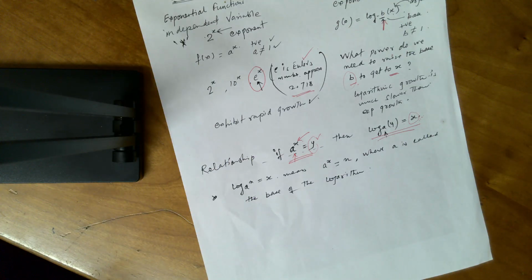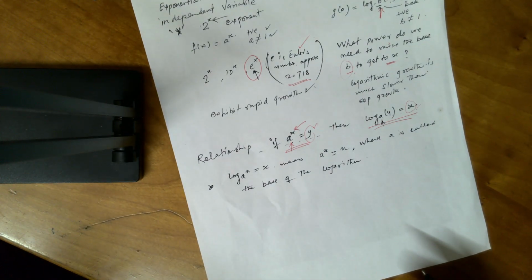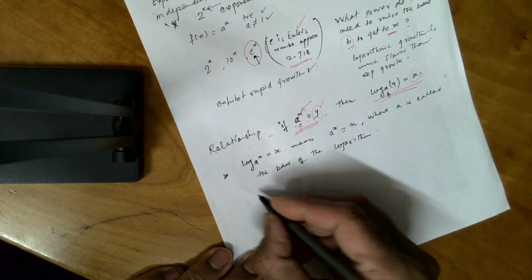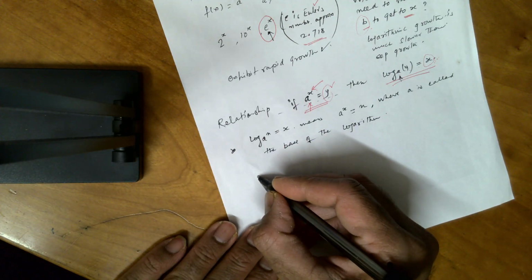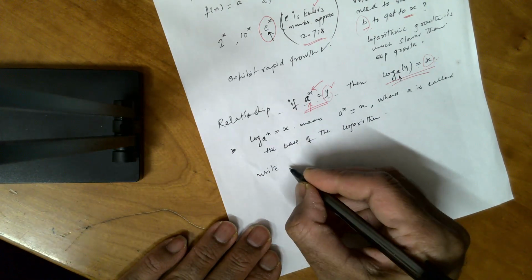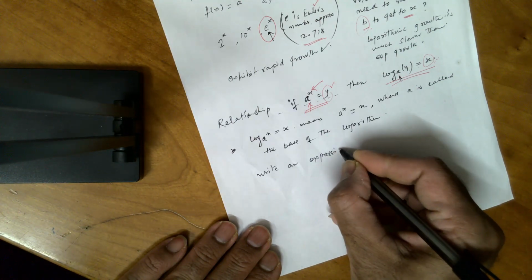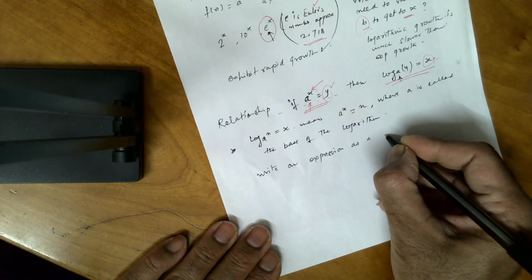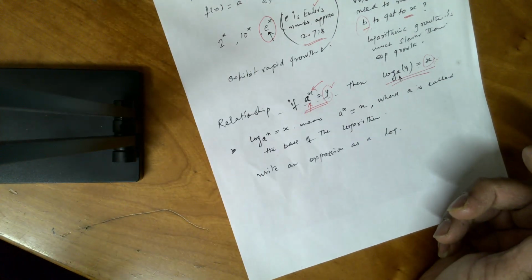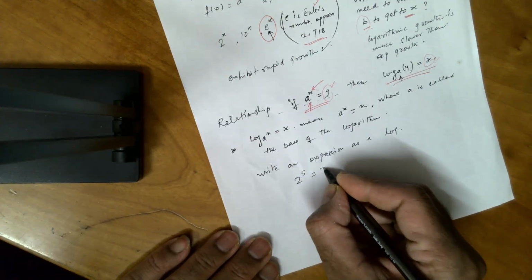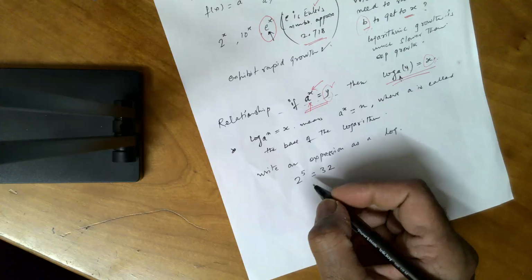All right, so let's do some examples now. Here you need to write an expression as a logarithm. If you have this exponential expression, write it as a logarithm.